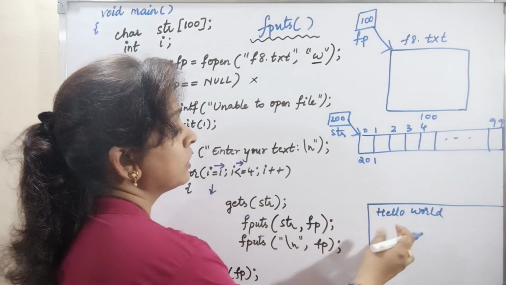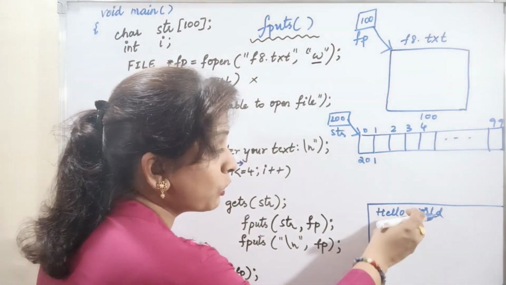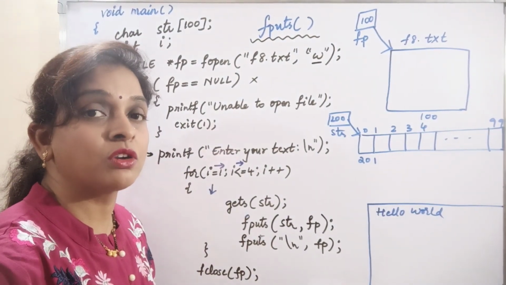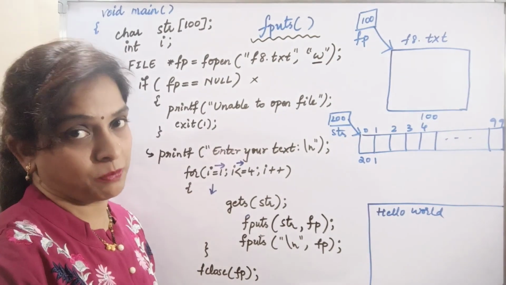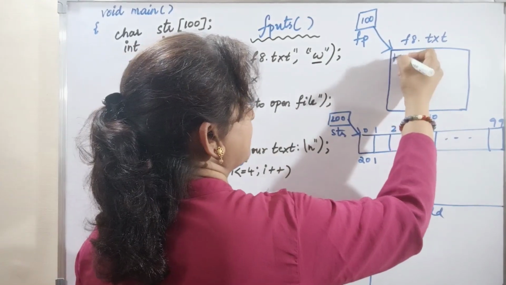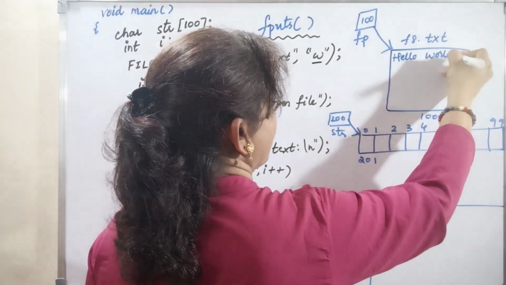So I need to enter this complete string including white space. The speciality of gets is that it is not going to ignore the white space. It is going to consider the white space also. So this complete sequence of characters will be written here: hello space world.